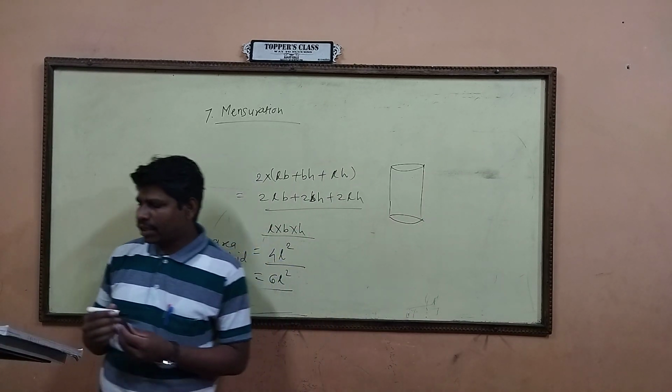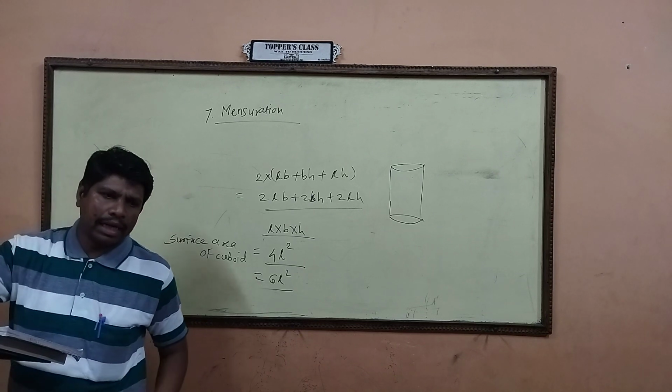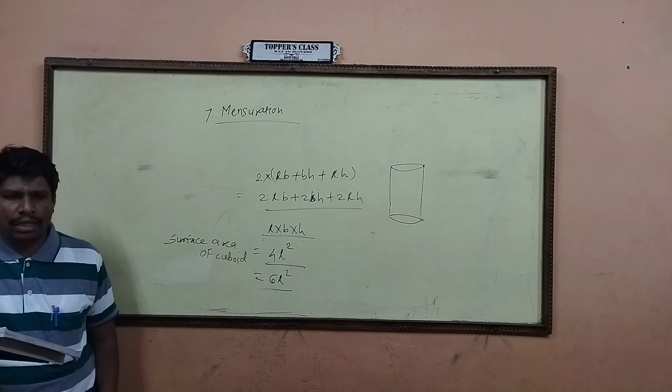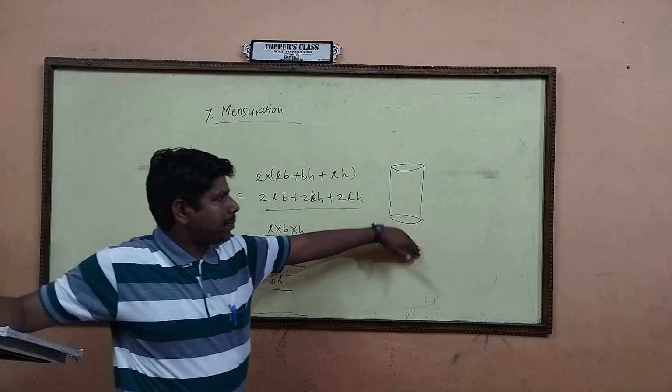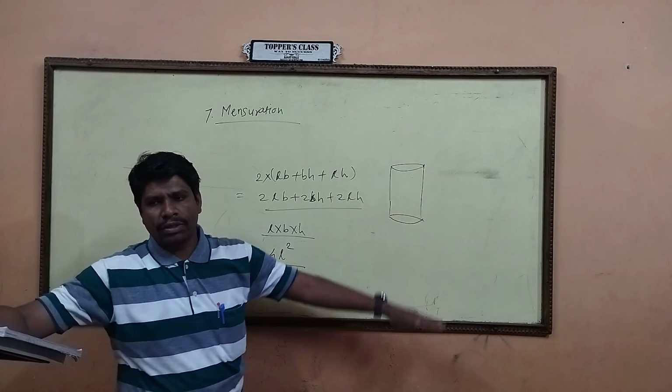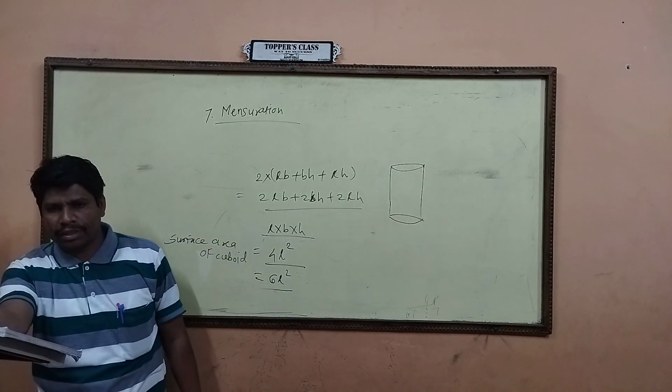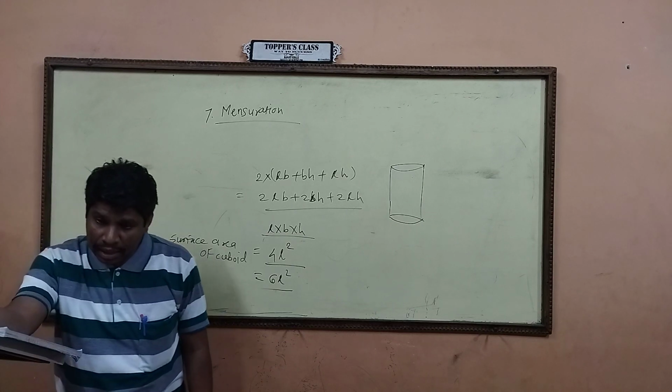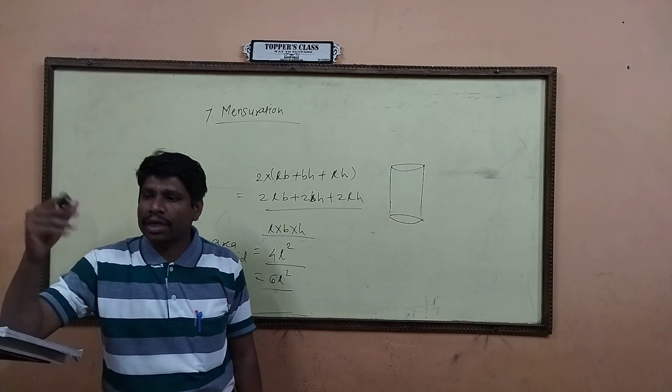For this cylinder, we have the radius and the height. Both the upper and lower surfaces are circles, so for that purpose we have to find the circumference.